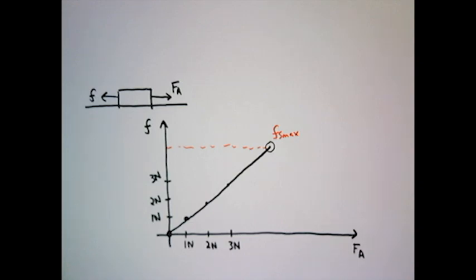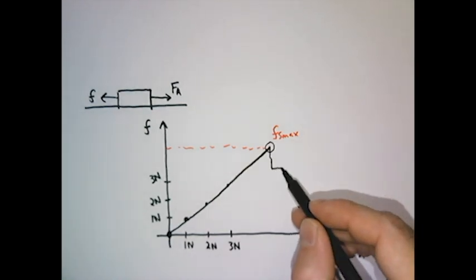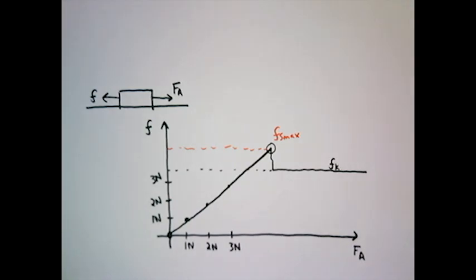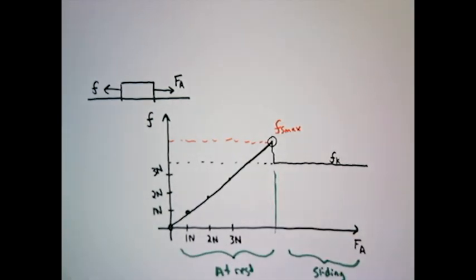The object will begin to slip. Typically at this point, the size of friction decreases and becomes a constant. This constant value is my force of kinetic friction. So if we exert a force on an object, we could typically create a graph like this and determine the various friction values from this kind of graph.